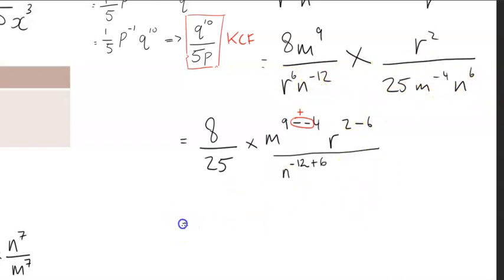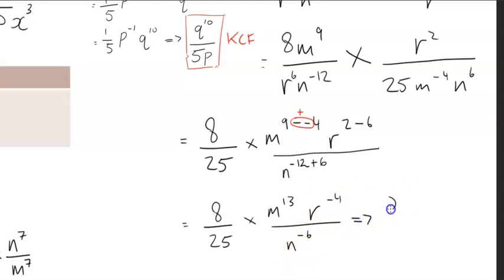All right, let's do a little bit of algebraic tidy up. This is 8 over 25 multiplied by m to the power of 13, r to the power of negative 4, all over n to the power of negative 6. And now we can do our little tidy up.